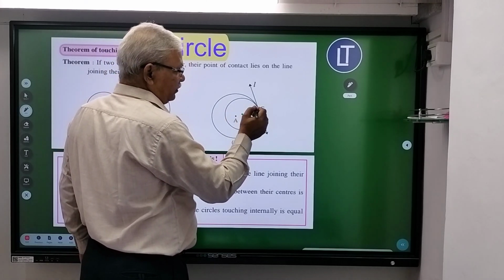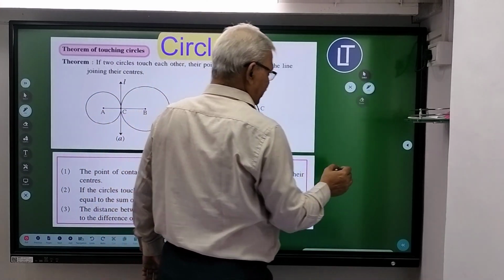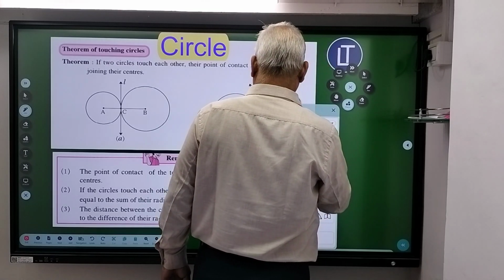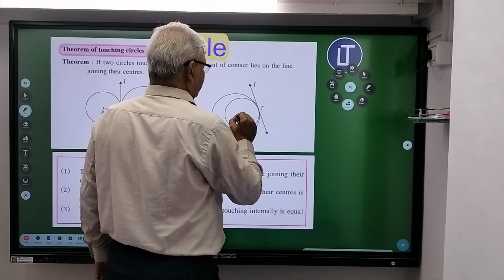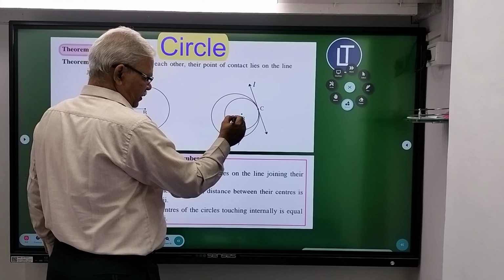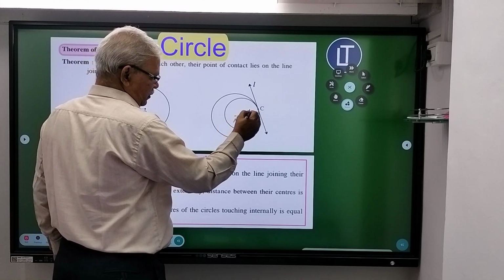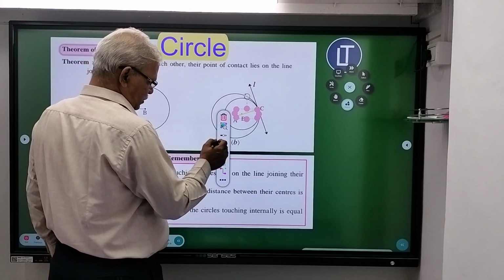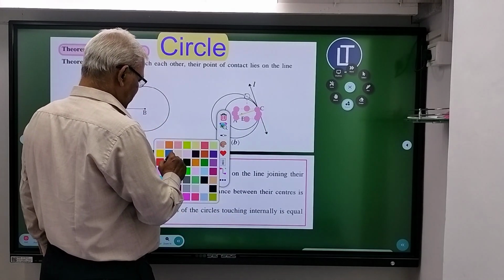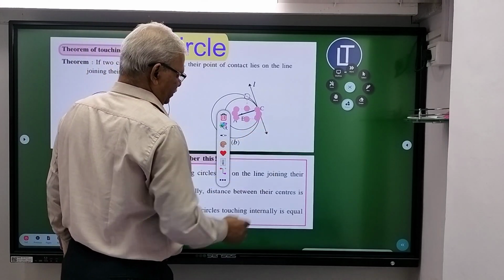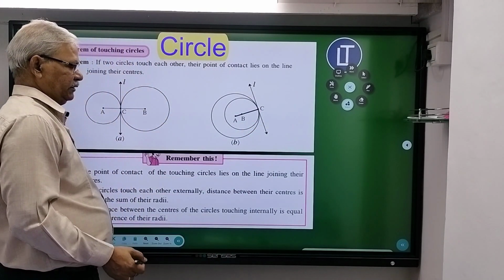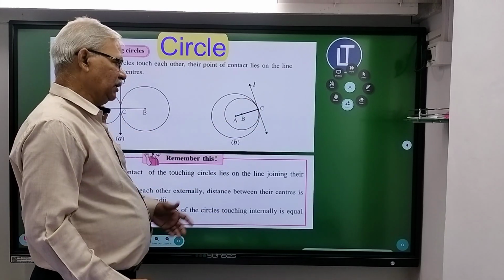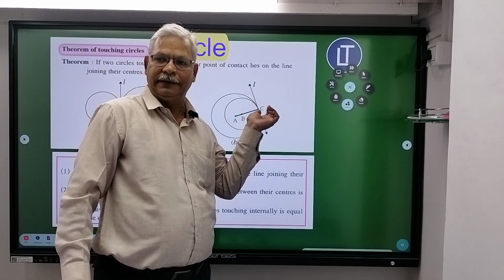I am going to draw a line from here passing through this. I am going to change its color so that it is darker. Now see here, these points A, B and C are on a line.